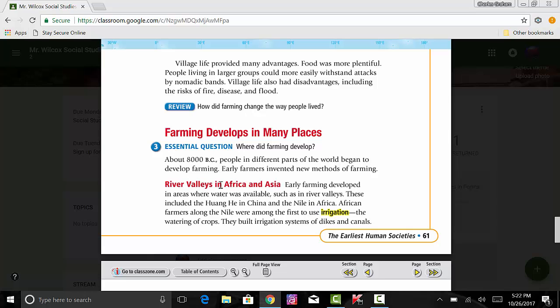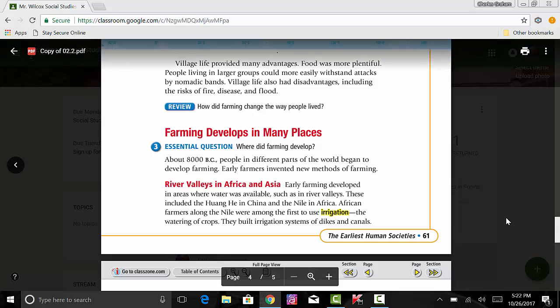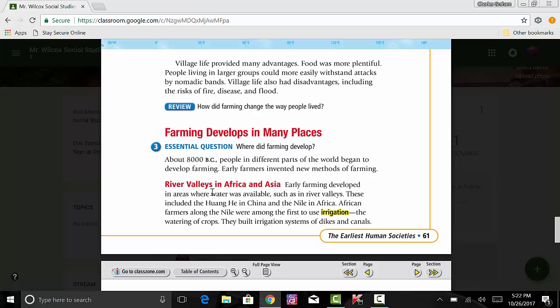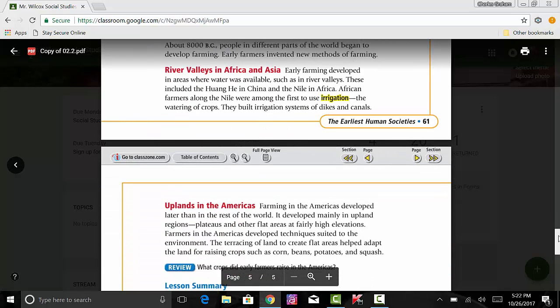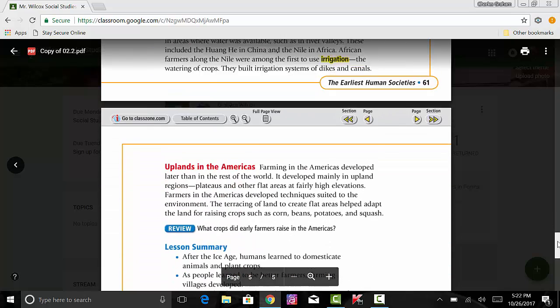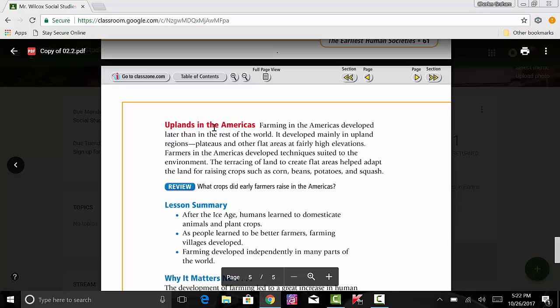And I know that soil gets deposited into those valleys, really fertile soil, which makes for really good growing of crops. So river valleys in Africa and Asia, I'm probably thinking this part is going to be about how these river valleys were the first places where people started to grow their own food. Uplands, in the uplands.